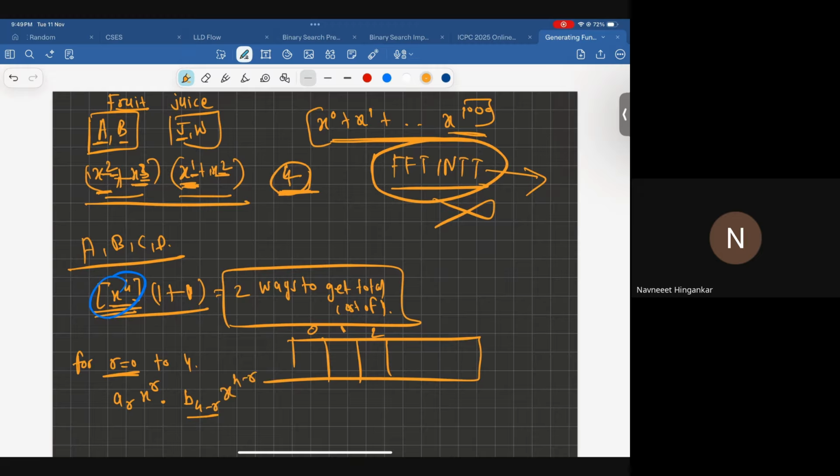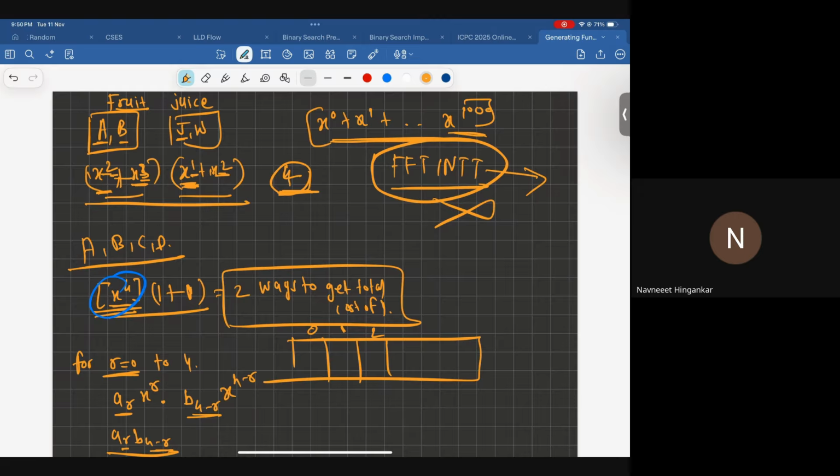So the moment you multiply this, it just becomes a_r b_(4 minus r), x raised to the power 4. So sorry, not this one, but this is the coefficient of x raised to the power 4, a_r. And if you think of it in terms of physical significance, it just means that r plus 4 minus r equals 4. So we try all the combinations that are possible from left and right.